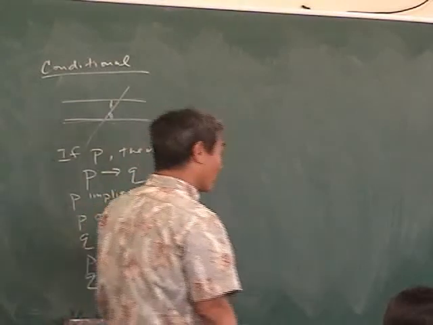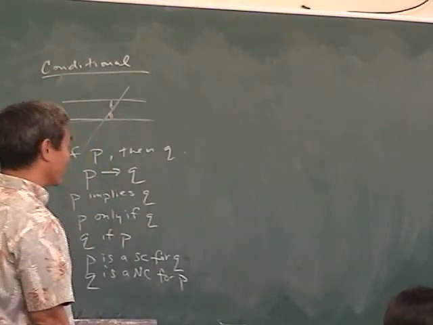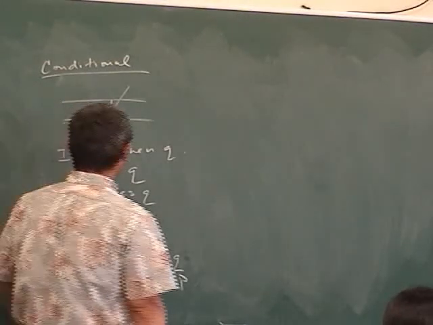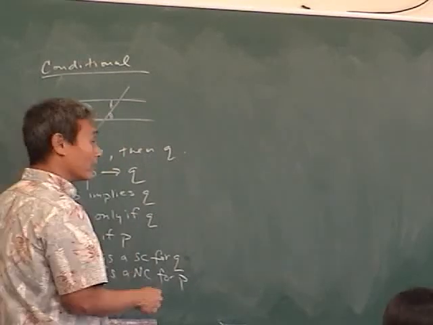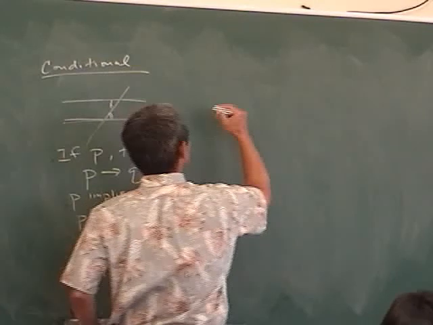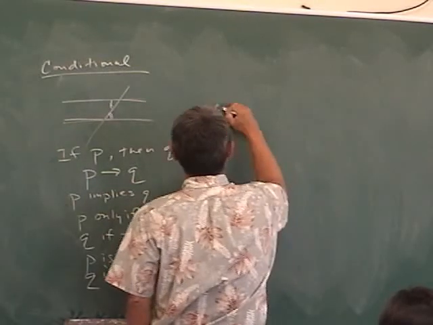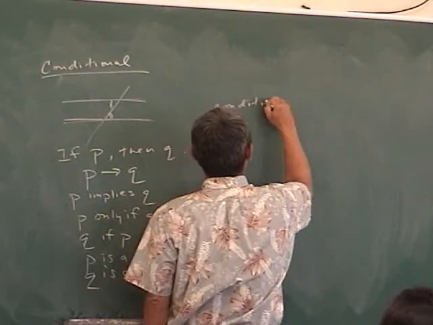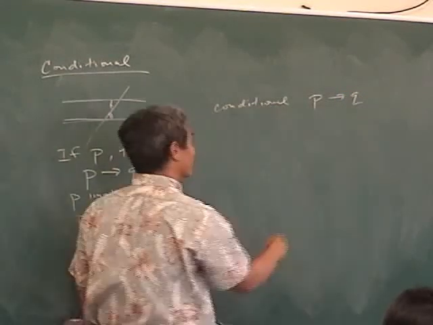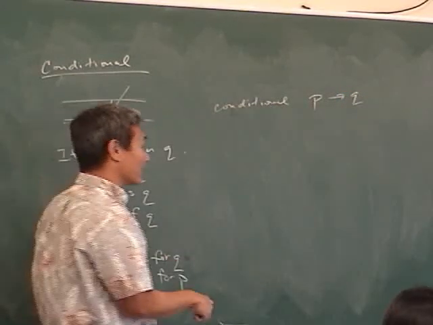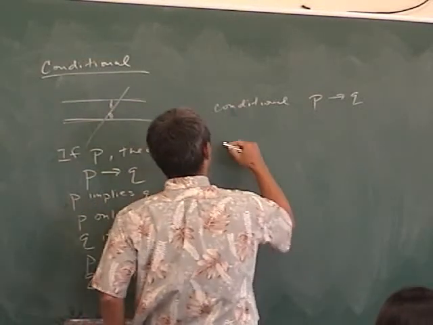Before we even get to the truth table, if you have a conditional statement, if P then Q, P implies Q, whatever, you can form these other statements. This is what you learned in geometry. Let's see if you guys remember.